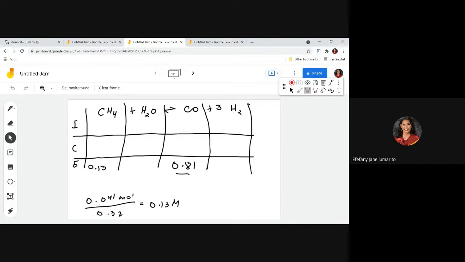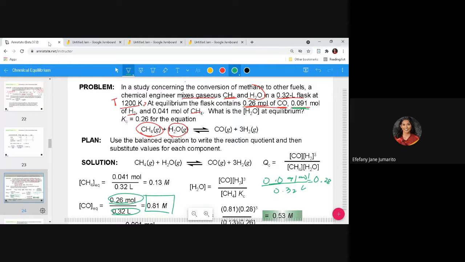Let's go back to the problem. In a study concerning the conversion of CH4 and H2O at 1200 K, 0.041 moles of CH4.